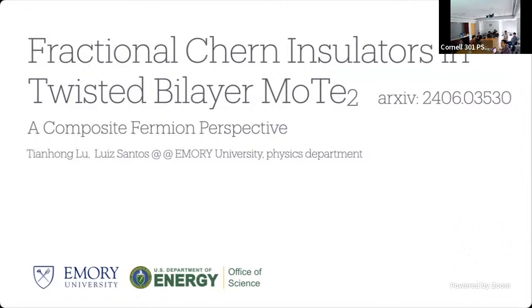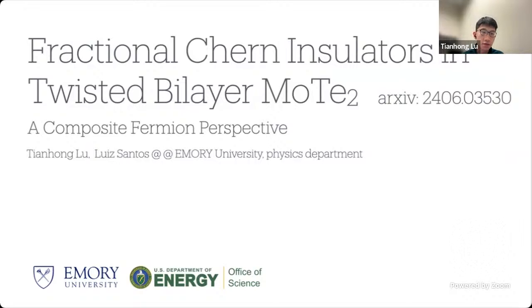So the title of my slides is Fractional Chern Insulators in Twisted Bilayer MoTe2, which is also the title of my paper. I have to say that I'm not trying to be lazy here; I think the title itself is pretty concise. Fractional Chern insulators are a fractionalization phenomenon that was predicted in theory about a decade ago.